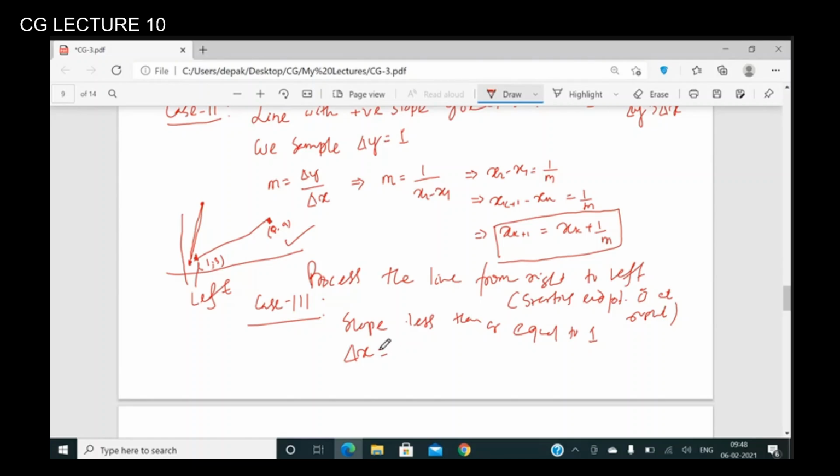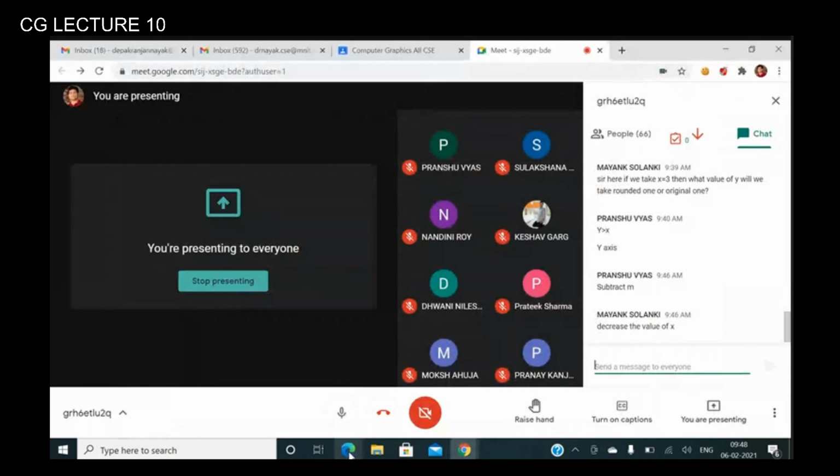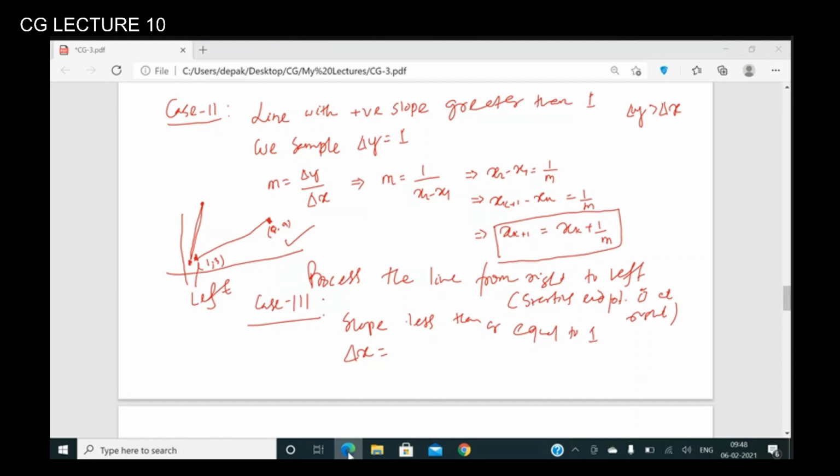Who can say what will be the value of del x in this case? Del x equal to -1.